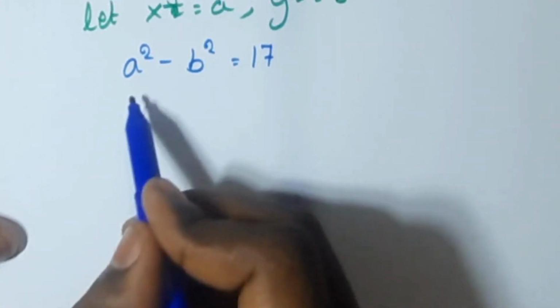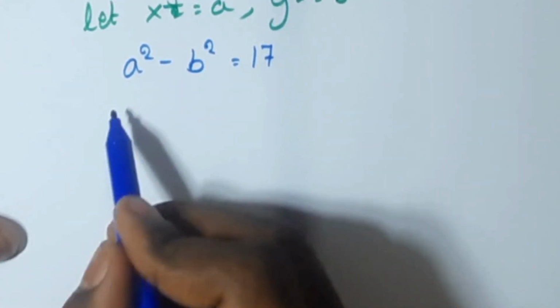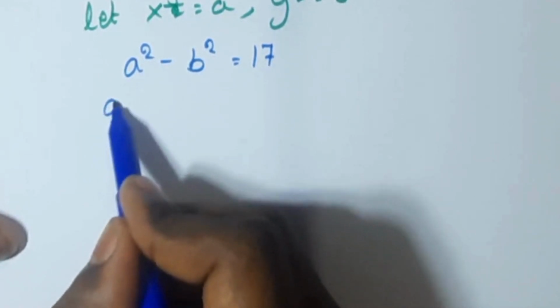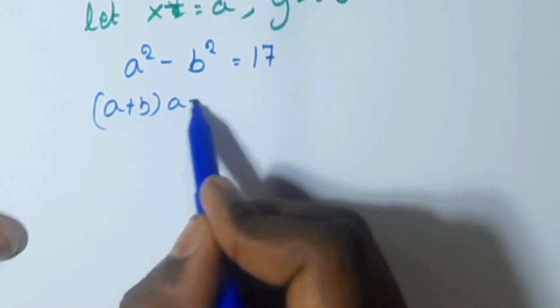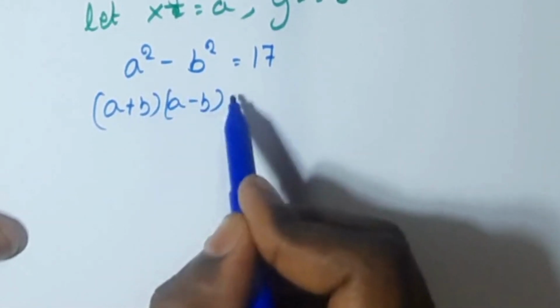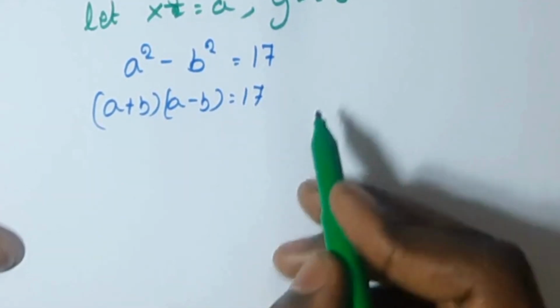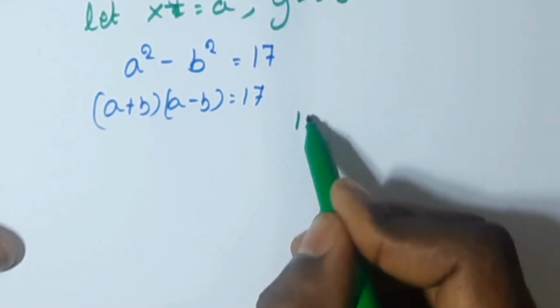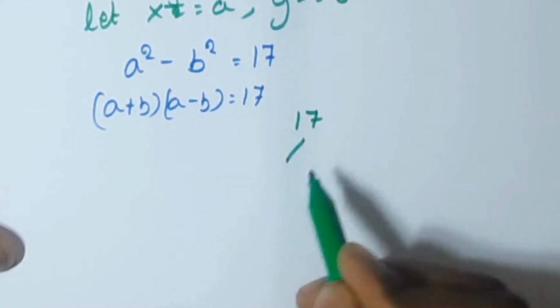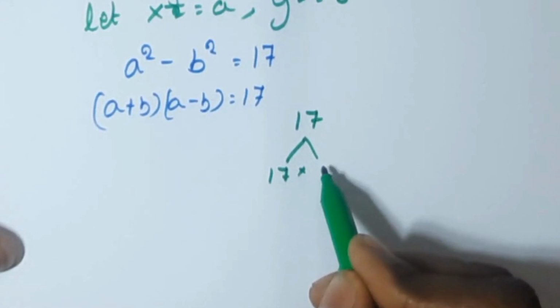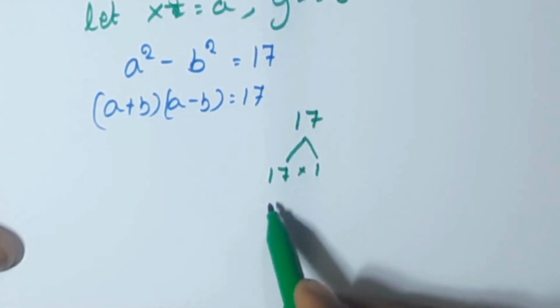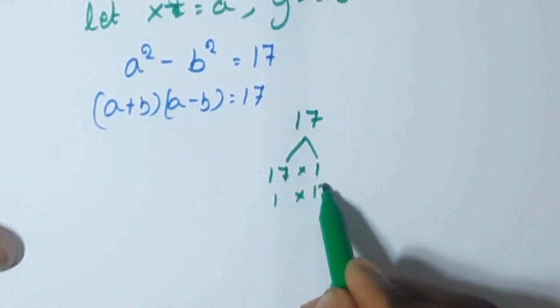Now a square minus b square will be the product of a plus b, a minus b equal to 17. Now 17 can be written as 17 into 1 and 1 into 17.